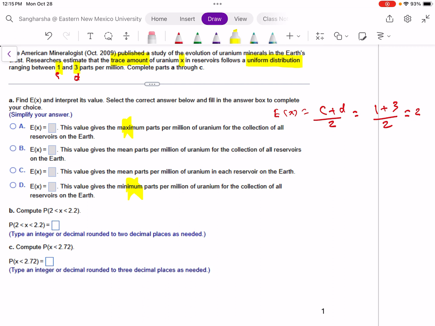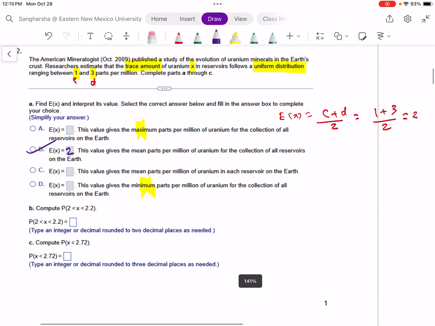Expected value always gives the mean when we repeat the experiment a large number of times. So B is the correct option, okay? So our expected value is 2, and this is the correct interpretation.